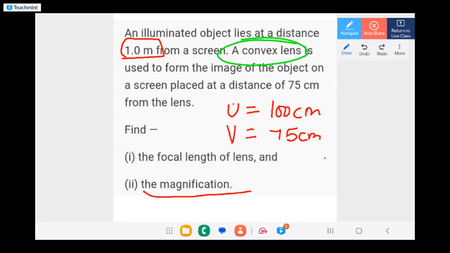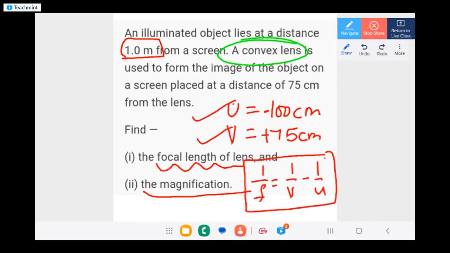Okay, so U and V is given. We have to find focal length. I want you all to try this because we've already done this type of question. So the formula is 1 by F equals 1 by V minus 1 by U. Use this formula, put the values because U and V are known. Get the value of focal length. So Rachel, get me the value of focal length and Adit, get me the value of magnification.